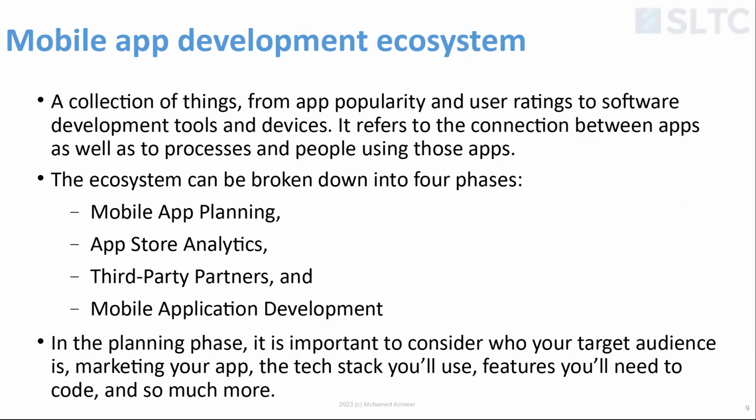Okay, so this is also something that we talked about, ecosystem of mobile applications. An ecosystem is something that has not just a programming language, but so many different things connected to that. Yeah, so there are app planning, then there is app delivery, then there are third-party solution providers, and things like that.